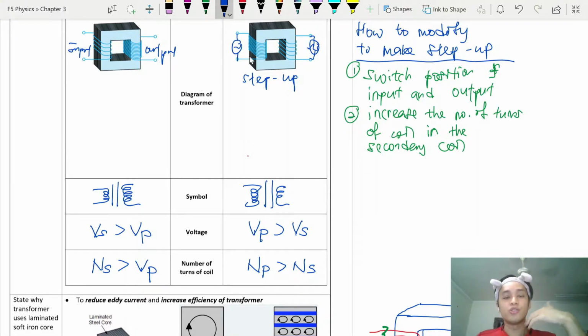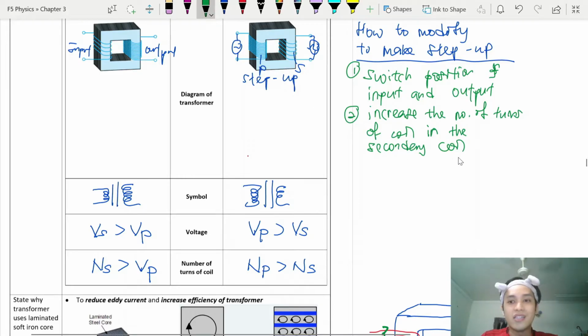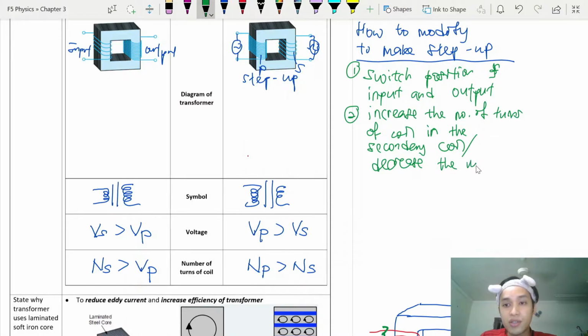To change it into a step up, first I switch the position of the input and the output. Second, since this is primary and this is secondary, I increase the number of turns in the secondary coil, meaning I make it more than the primary. So it's either you increase the secondary coil or you decrease the number of turns in the primary.